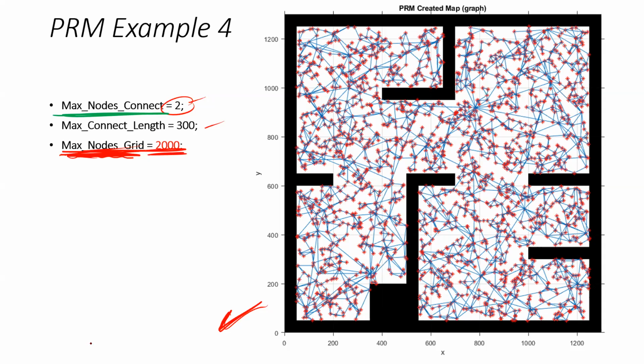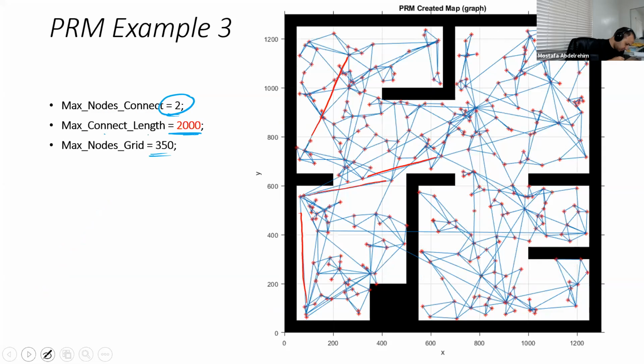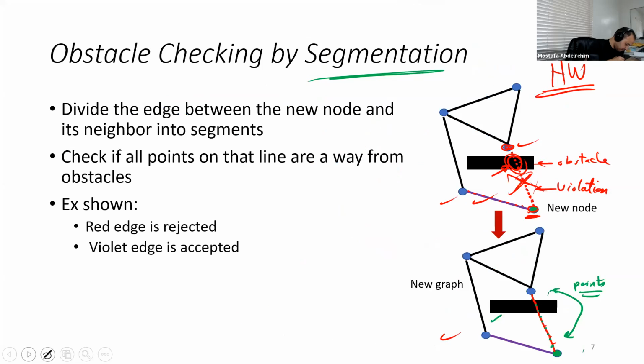Good. So we have here the nodes, a new node, and here is the obstacle in between. If there is an edge, of course this is wrong, but it will be something like this, crossing the obstacle, which is of course wrong.